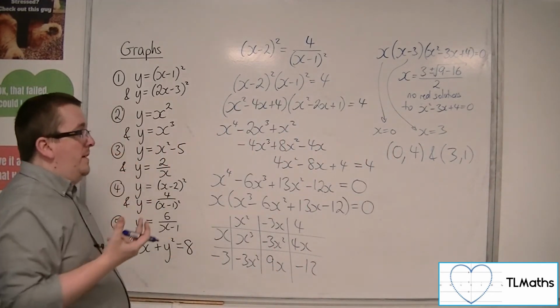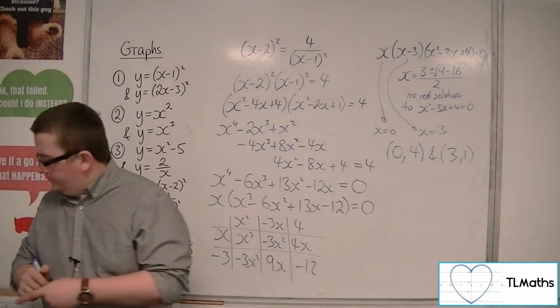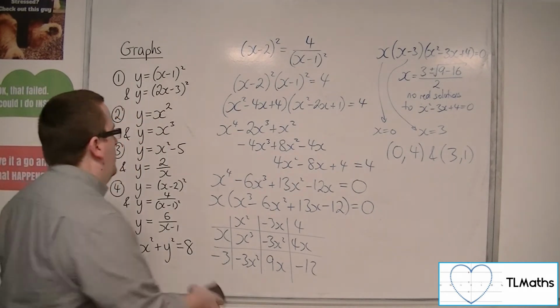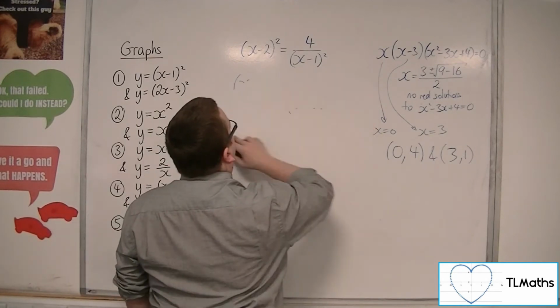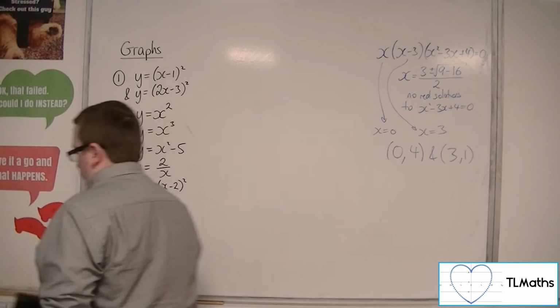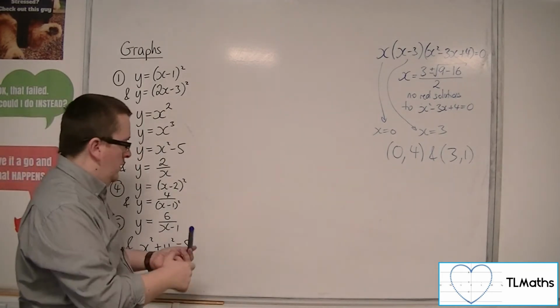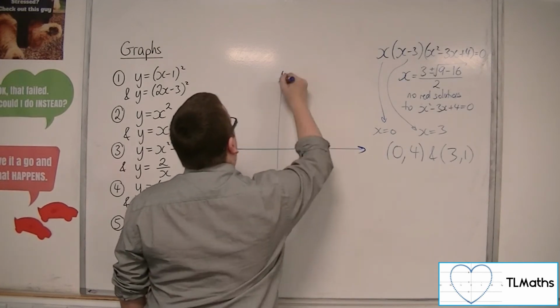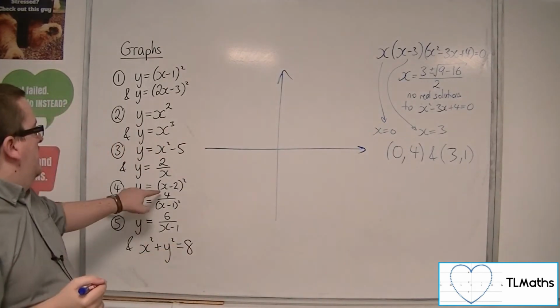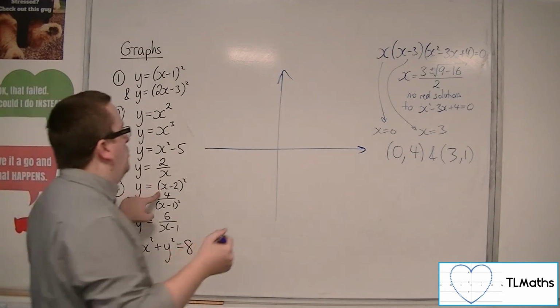Now, visually, what's going on? Well, let's try and draw a picture of this. Okay. So what do we have? We've got x minus 2 squared.